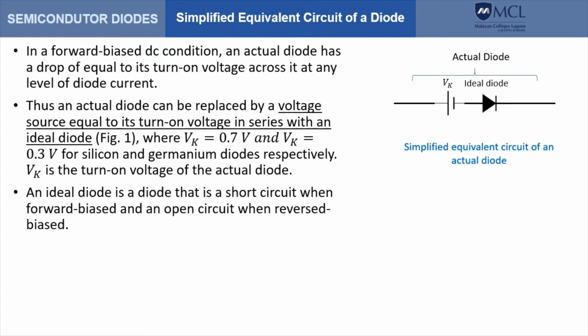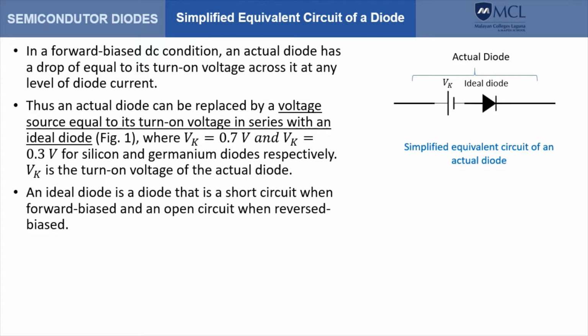These are the piecewise equivalent circuit, the simplified equivalent circuit, or simply the ideal equivalent of the actual diode. In this module, we'll be talking about the simplified equivalent circuit of a diode.